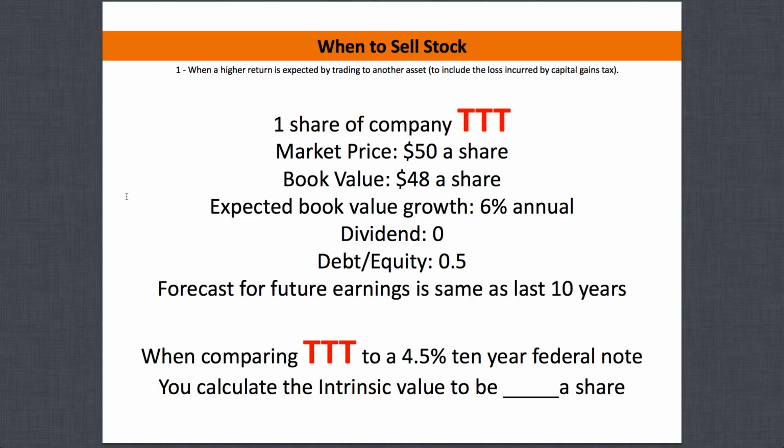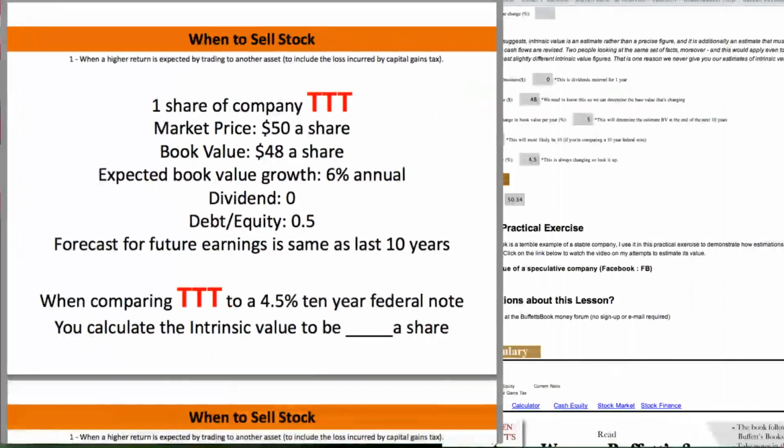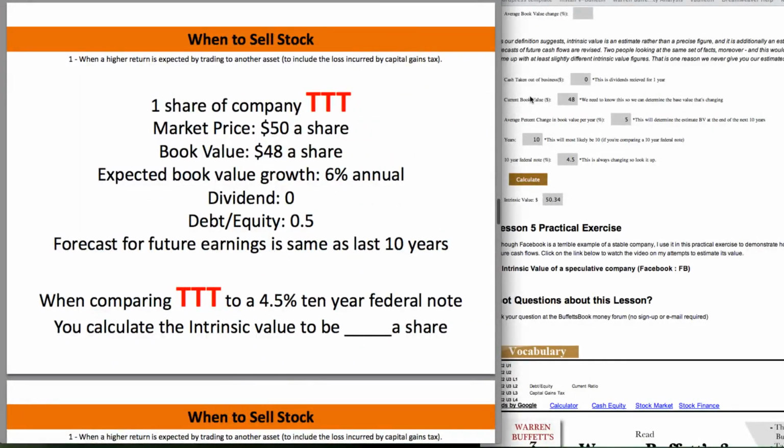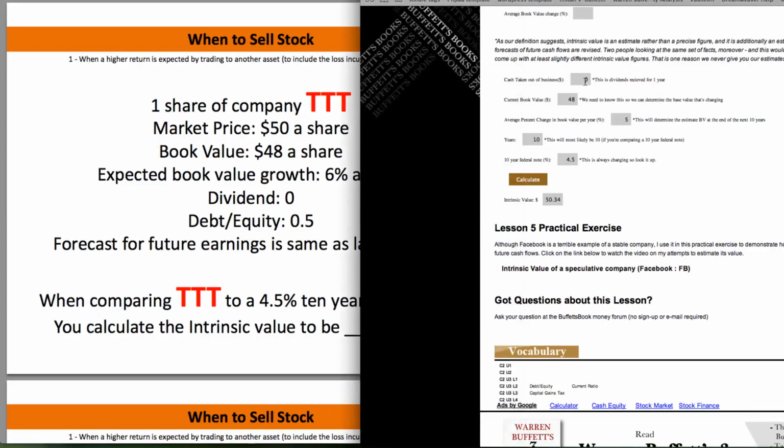Okay, so when we compare company TTT to a 4.5 10-year federal note, what's its intrinsic value? So we're going to go back to the intrinsic value calculator. Okay, so we're going to go ahead and put these numbers in. So there's no dividend payment. The book value on company TTT is also $48.